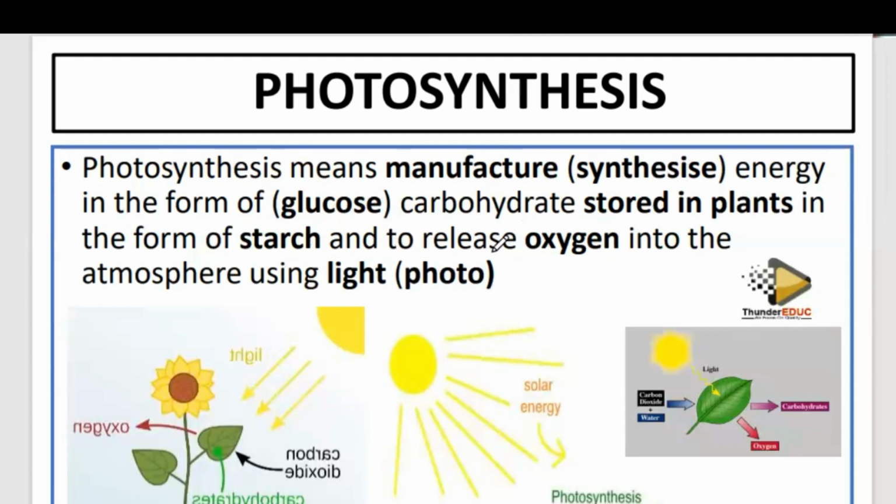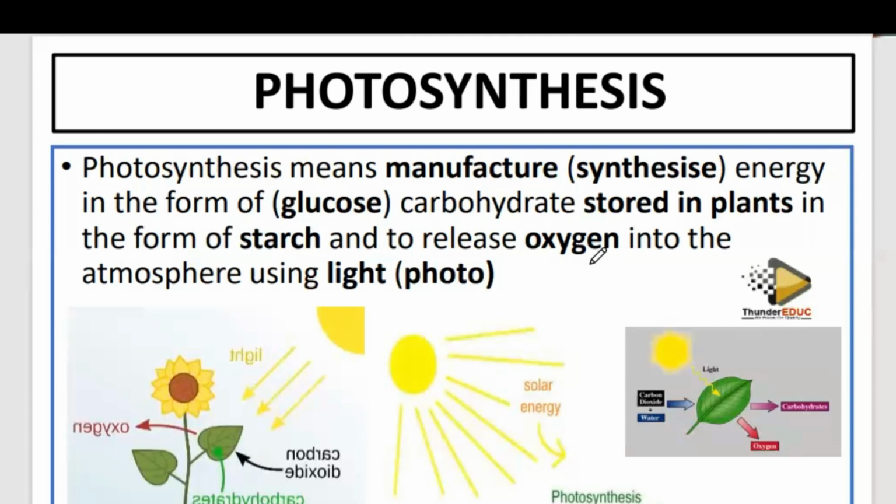So photosynthesis also releases oxygen into the atmosphere using light. It does not stop there. It also produces oxygen, but oxygen comes as a byproduct to the atmosphere. So we benefit through photosynthesis in two ways. Number one, actually three ways.